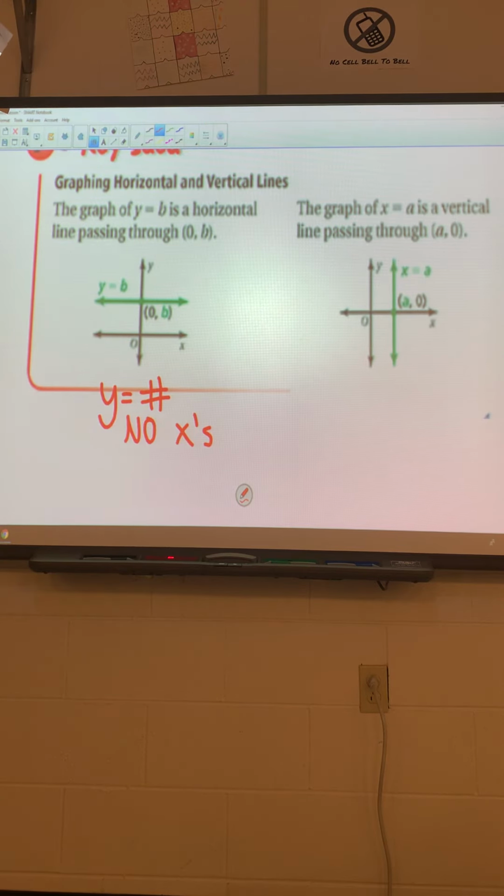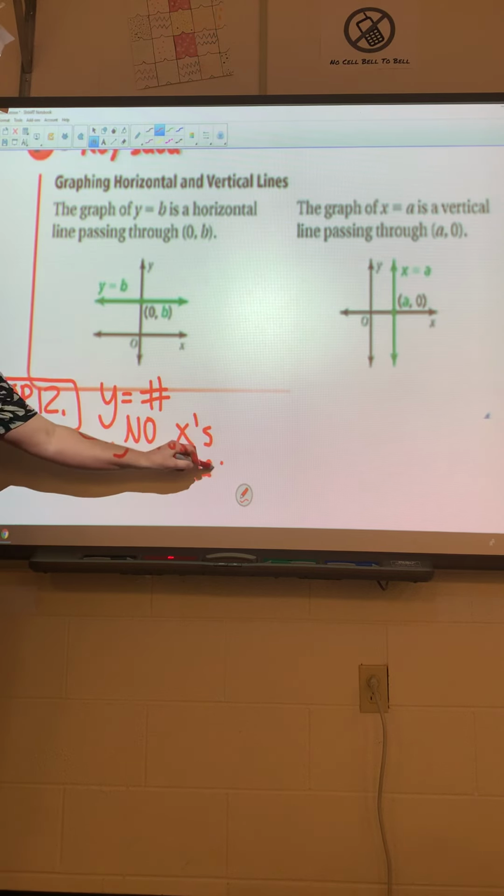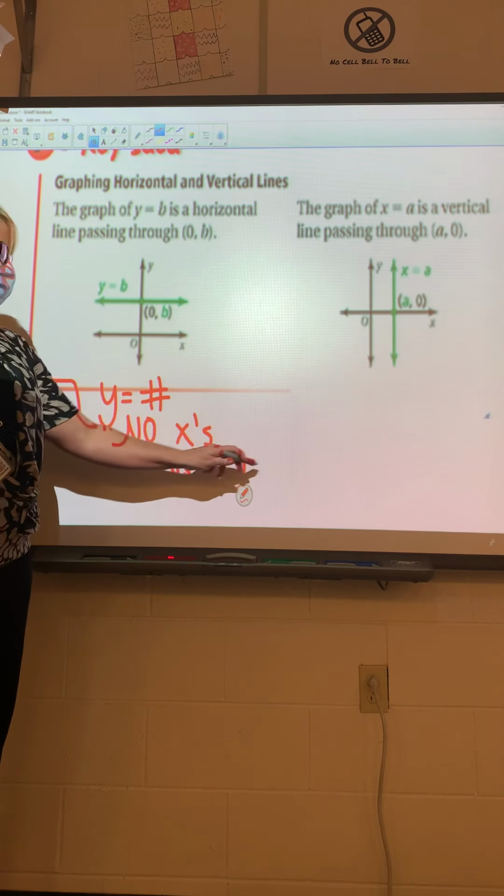If you see that a y equals just a number and you don't see like 3x plus 2, if there are no x's in the equation, then this is going to be a horizontal line. Because it doesn't cross the x-axis. It only crosses the y-axis. If there's only a y, it only crosses the y.